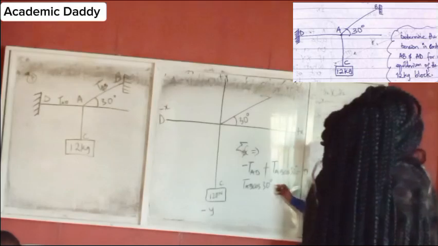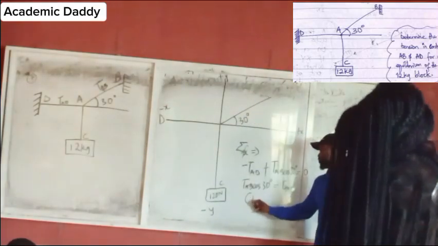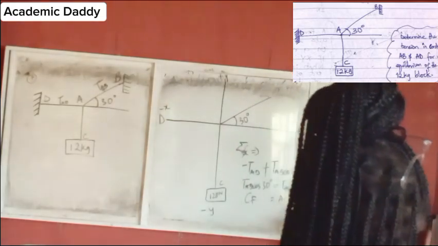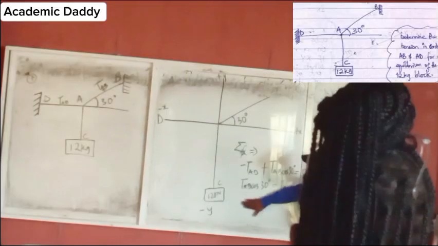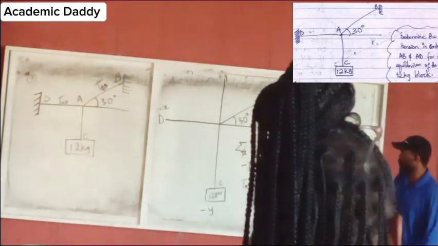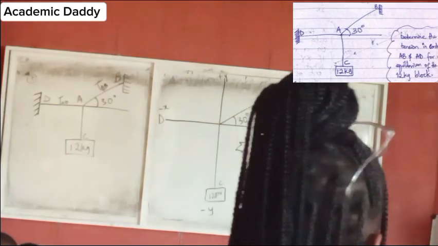If this crosses the equality side, it becomes plus TAB. So clockwise forces is equal to anti-clockwise forces. That's the first principle you need to do. But instead it will confuse you. Once you are doing this, you need to analyze this way. Whichever one you want to use, you need to be careful.